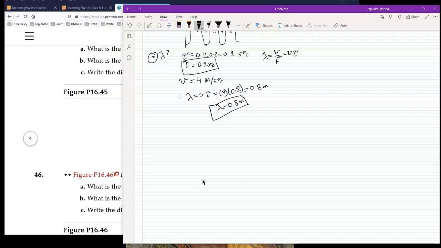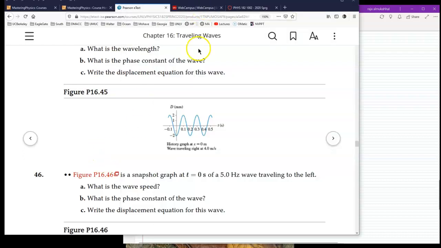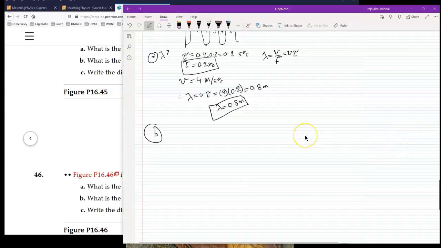Now we come to part B. He said, what is the phase constant, phi naught? How do we do that? Well, remember, the phase constant describes the initial state of the function.